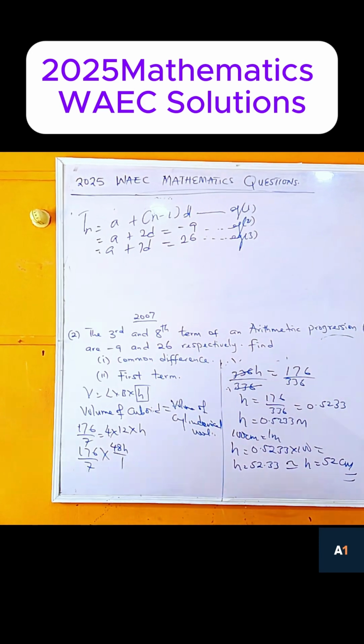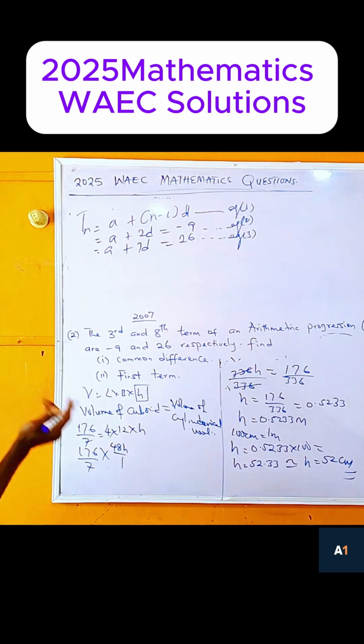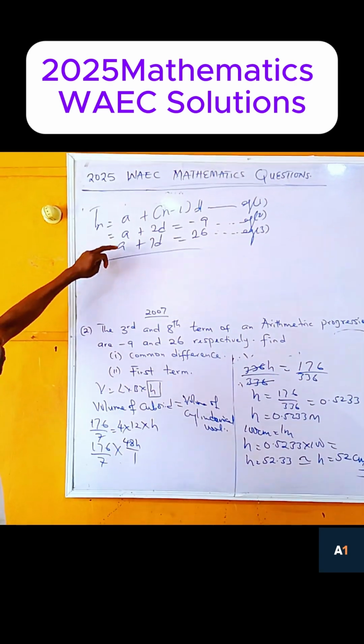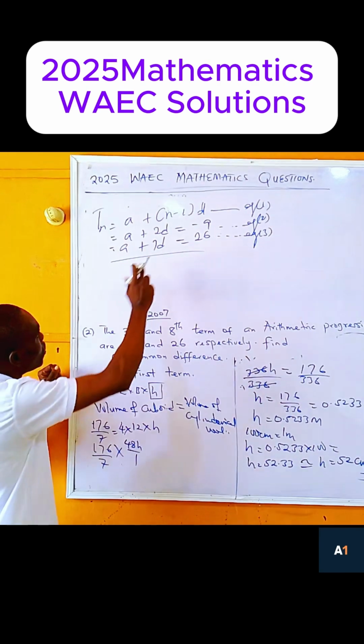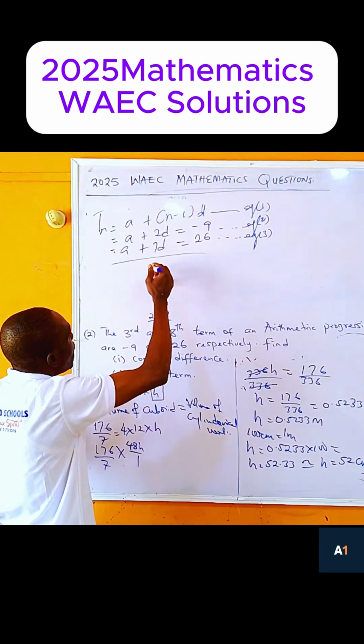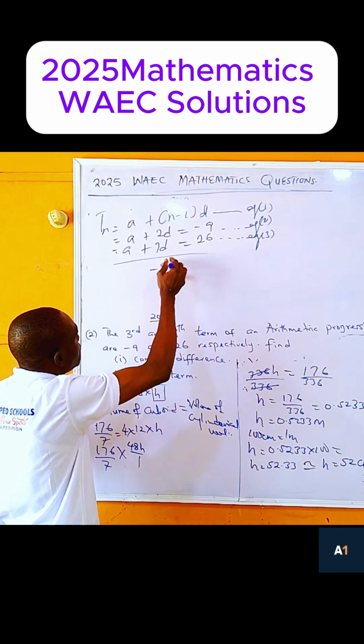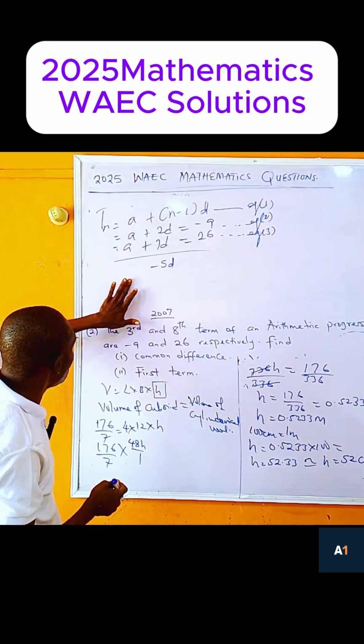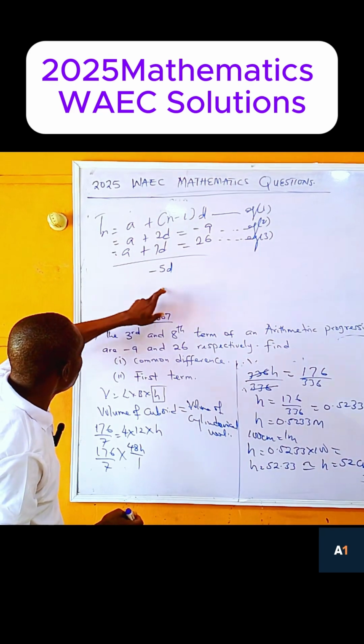So let's use the elimination method. Take away this from this, A minus A is 0. Take away this from this, we have 2D minus 7D, which gives us -5D.